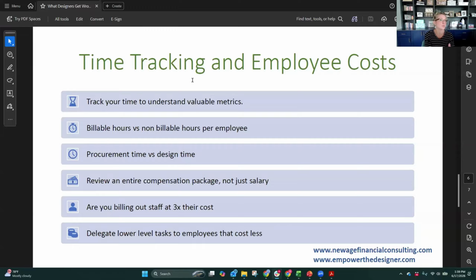There are 2,080 hours in a year if you were billable 100% of those hours, and that would be 40 hours a week. There are people, though, that work more than 40 hours a week. So if you're working 60 hours a week, 40 of those hours can still be billable. You are billing $200 an hour per person. That is $400,000 a year.